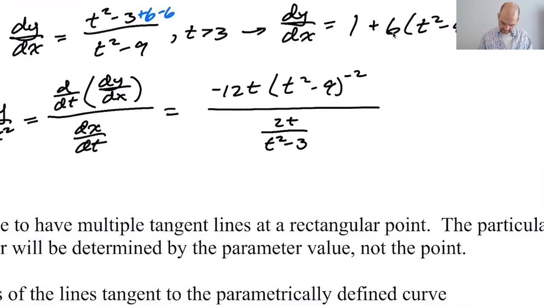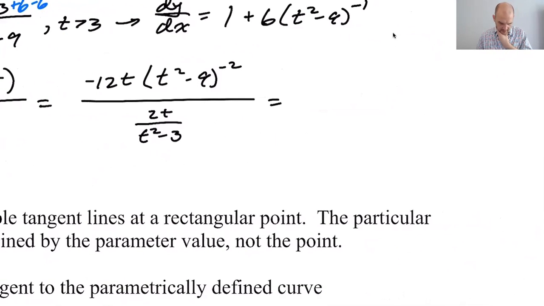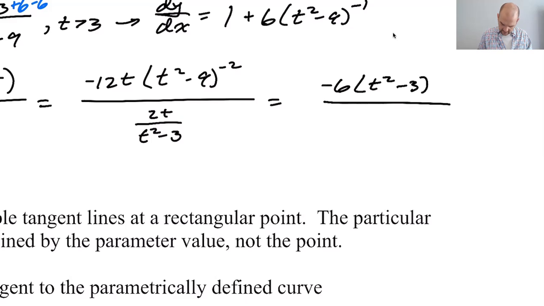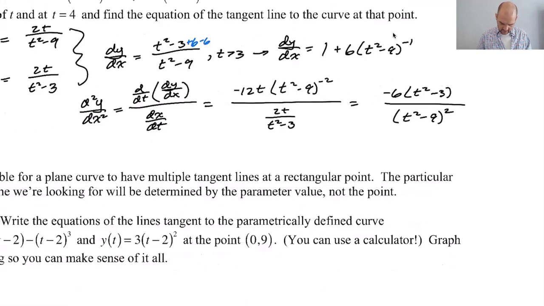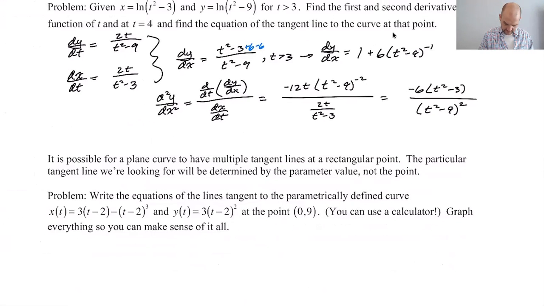So this cleans up to what though? 2t and -12t just give you -6. This guy goes to the numerator, and then this will be in the denominator, I think. All right, I think that those are my first derivative and my second derivative. So I'd probably write that one without the +6 -6 for sure. And then the second derivative is this, I think.